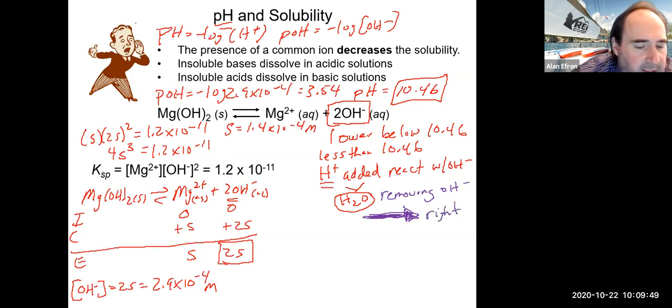And when we look at this equilibrium, to the right is our aqueous ions, and that should increase the solubility. That's what it means when it says that an insoluble base such as this is soluble in acidic solutions, because when you add the acid, you are essentially removing the hydroxide. When you remove the hydroxide, it causes the equilibrium to shift to the right and make more of it dissolve. Any questions on that?